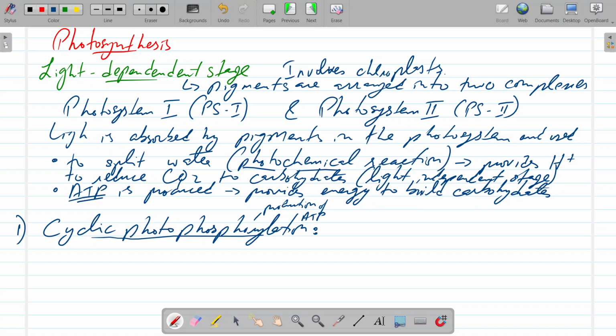So what happens is light falls on chlorophyll. Right, if I just change colors for a bit. So light is absorbed by chlorophyll. What that does is, light is made up of packets of energy called photons.